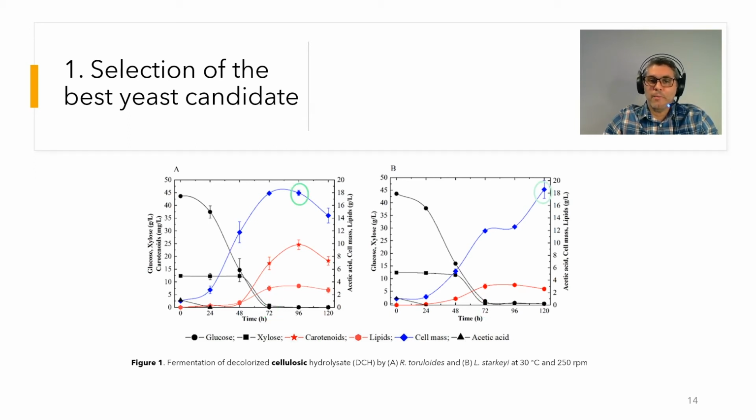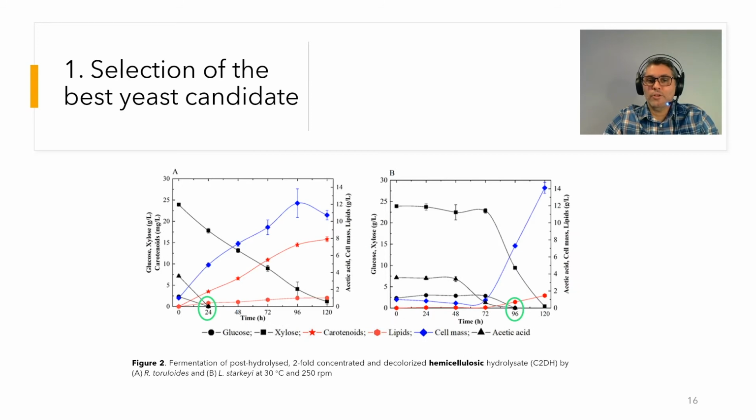The highest biomass concentration for Rhodosporidium toruloides was almost 18 grams per liter at 96 hours, while for Lipomyces starkeyi the highest cell mass concentration was obtained at the end of the experiment, 120 hours. At 96 hours, the highest lipid and carotenoid concentrations by Rhodosporidium were also obtained.